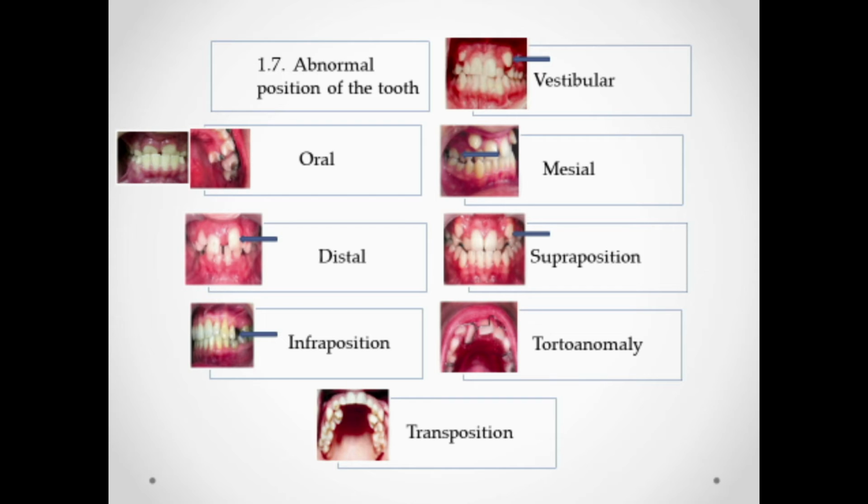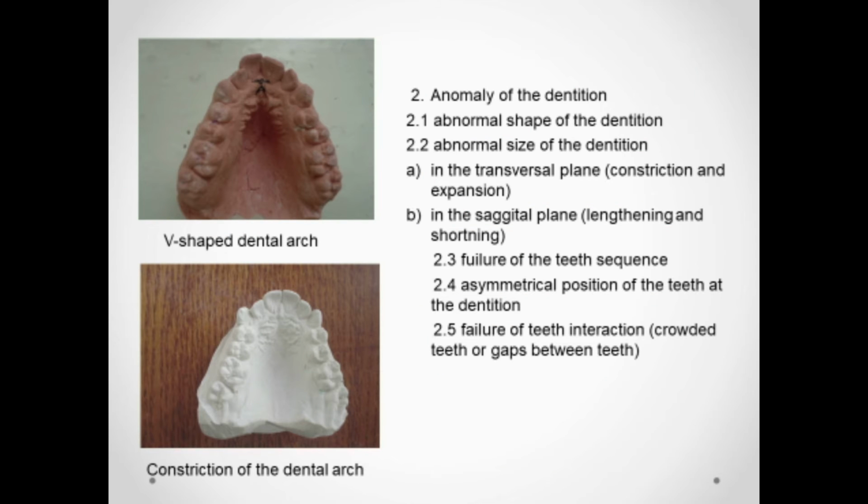Abnormal position of the tooth: vestibular, oral, mesial, distal, supraposition, infraposition, tortoanomaly, axis rotation, transposition. Anomaly of the dentition. Abnormal shape of the dentition. Abnormal size of the dentition.